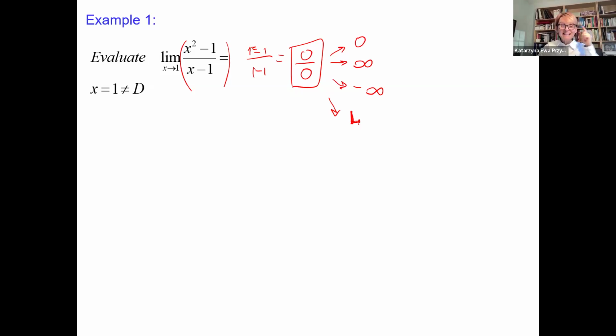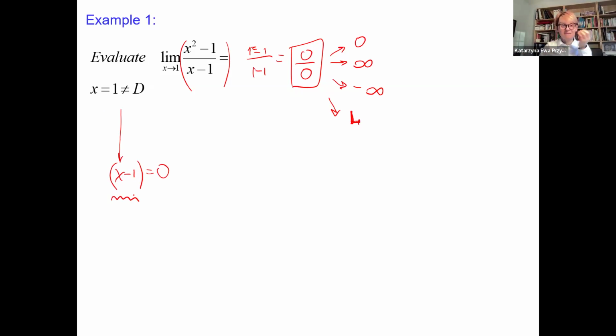Okay, that's what we will do with 0 over 0. Then we have to think that the function on the top and the function at the bottom have a common factor at 1. A common factor at 1 means x minus 1, because when we substitute 1, we're getting 0. That means x minus 1 is a common factor. We have to find this common factor and then cancel it out.